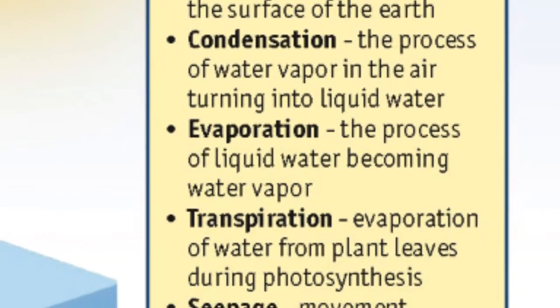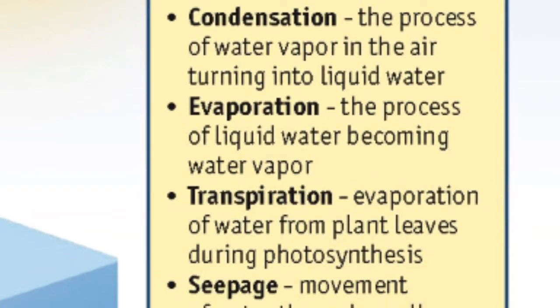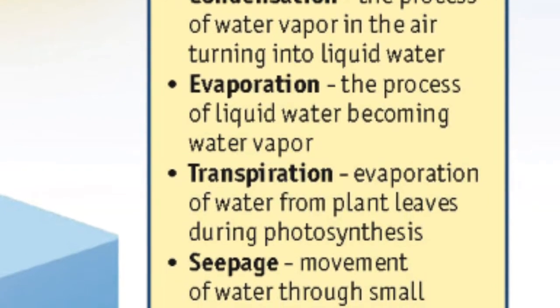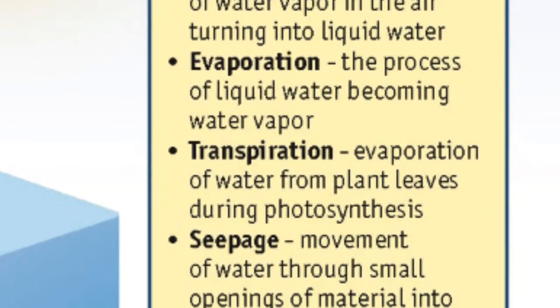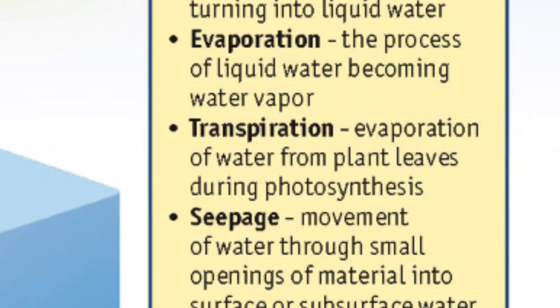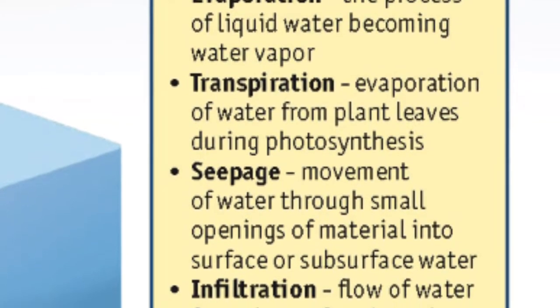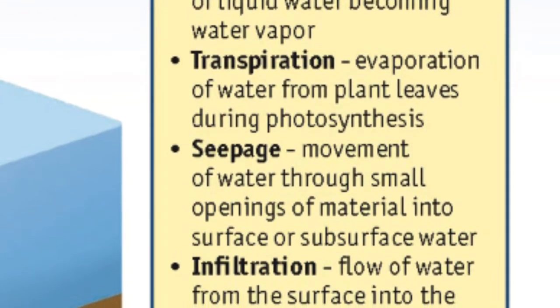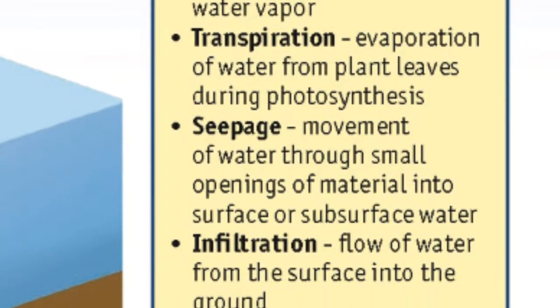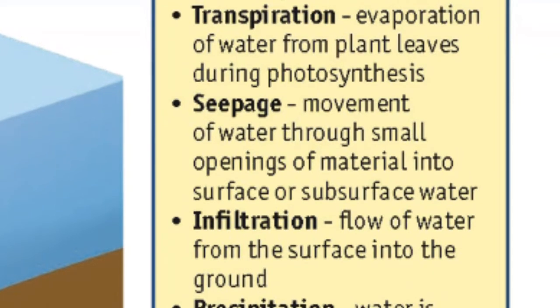Transpiration, evaporation of water from plant leaves during photosynthesis. Seepage, movement of water through small openings of material into surface or subsurface water. Infiltration, flow of water from the surface into the ground.